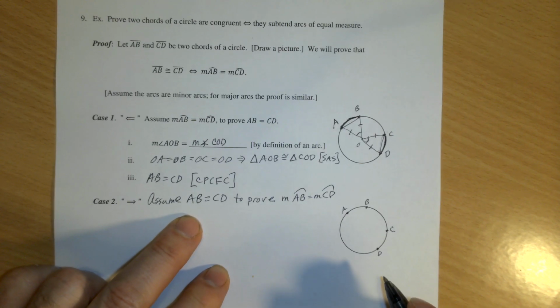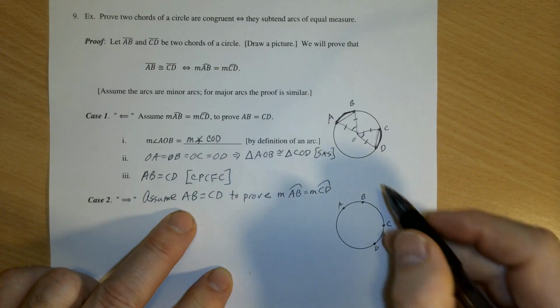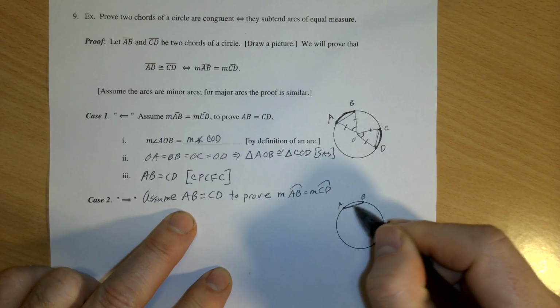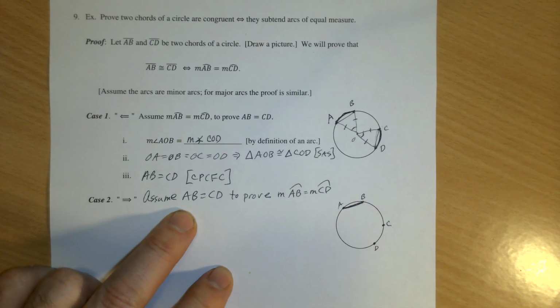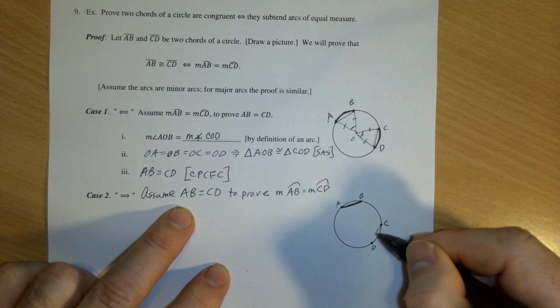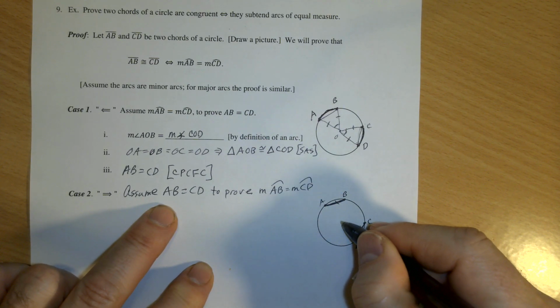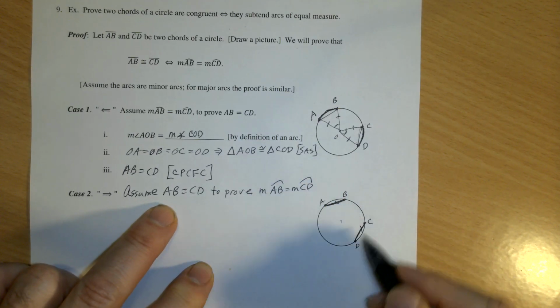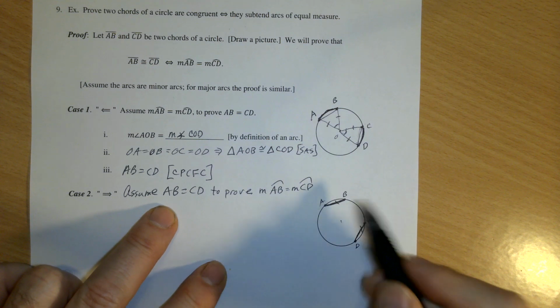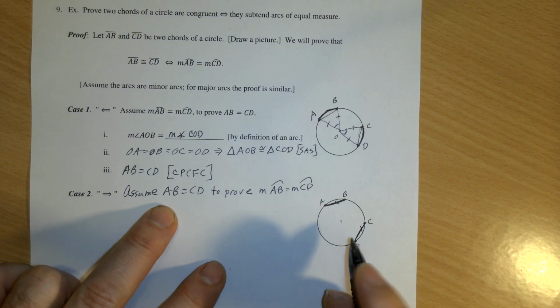By assumption, AB is congruent to CD, so let's put a little notch through each of them to show that they are the same length. All we need to do is prove that the measures of the arcs are equal to each other.